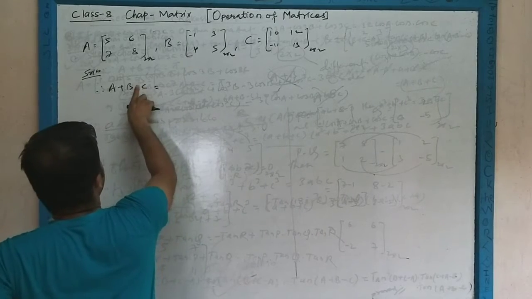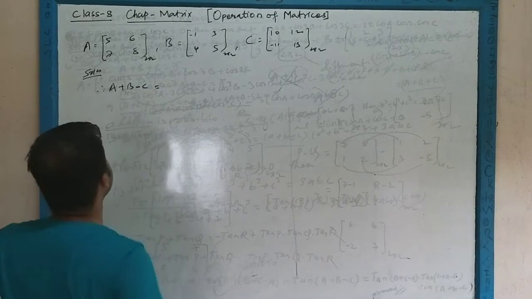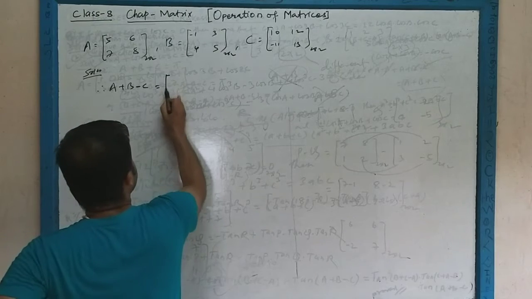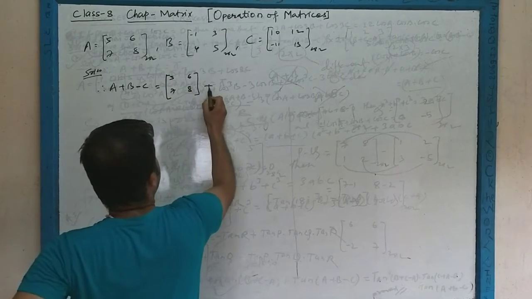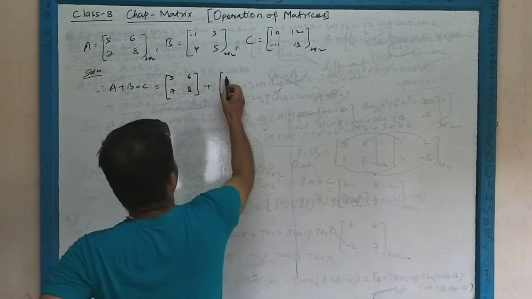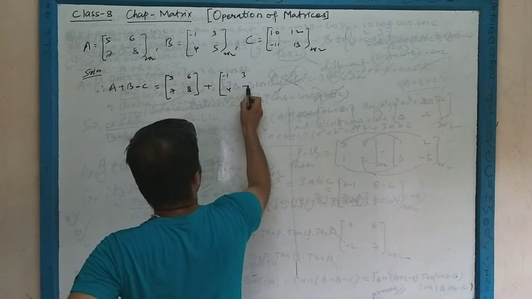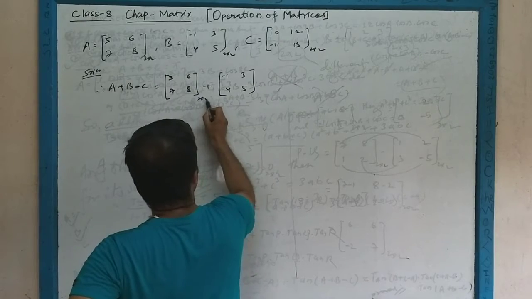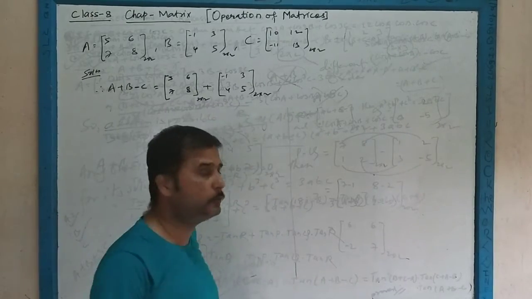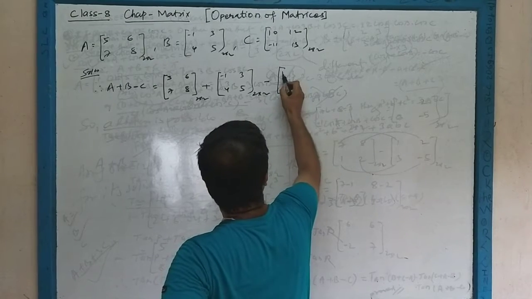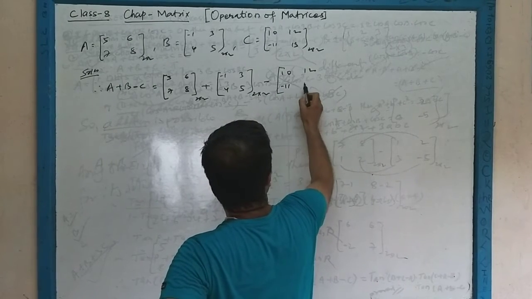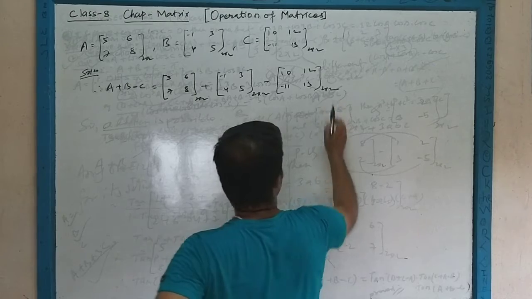What is matrix A? 5, 6, 7, 8 plus B, minus 1, 3, 4 and 5. This is 2 by 2, this is also 2 by 2, minus 10, 12, minus 11 and 13. This is also 2 by 2.